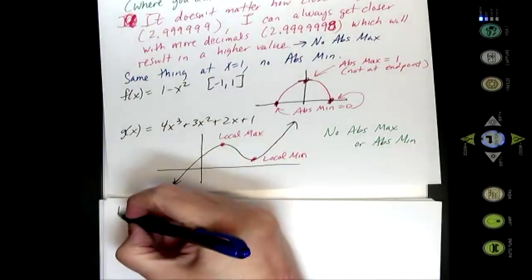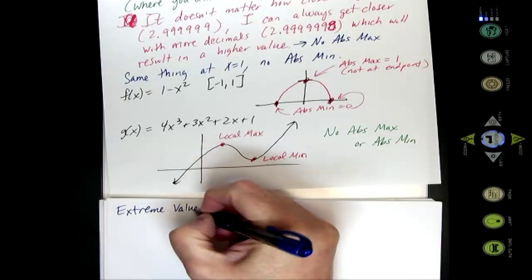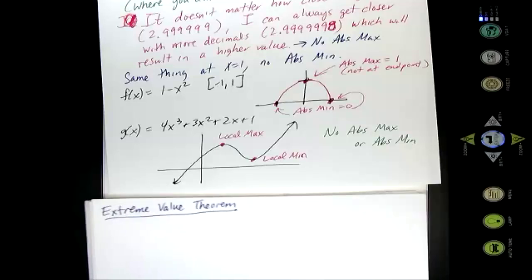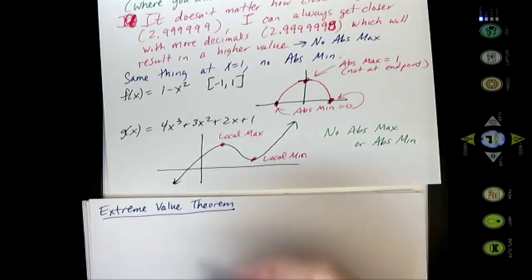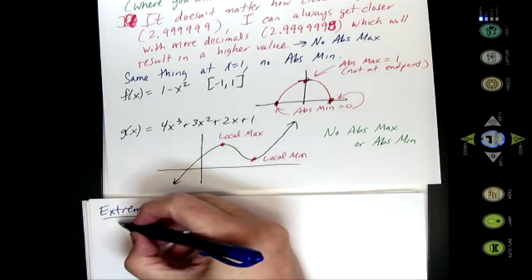The following is called the extreme value theorem. It just spells out this stuff in a little bit more math jargon. It actually guarantees an absolute max and min if the following are true.